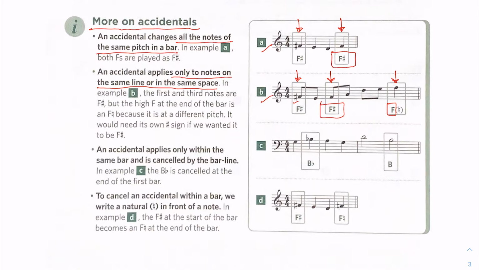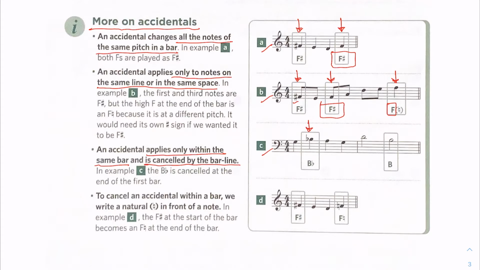Number three, an accidental applies only within the same bar and is cancelled by the bar line. In example C, the B flat is cancelled at the end of the first bar. Now we notice that there are two Bs in this example. This is the first one. It's a B and there's a flat written in front of the note.